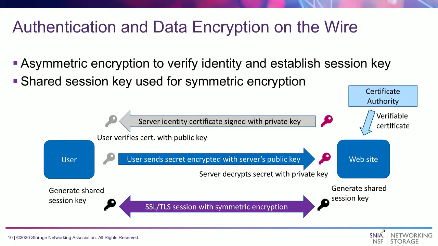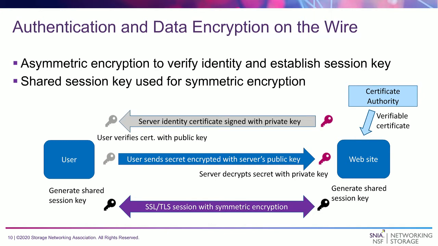So let's talk about how this applies if I want to authenticate a user and do data encryption on the wire. We'll have a slide with more information about data encryption on the wire in just a minute. But a typical session, which might use authentication and encryption, may start out where a website gets a certificate from a certificate authority.